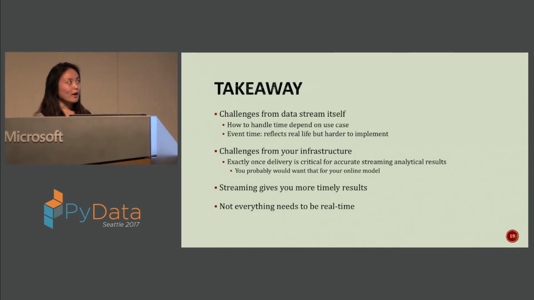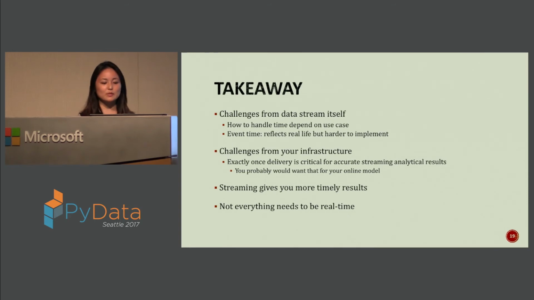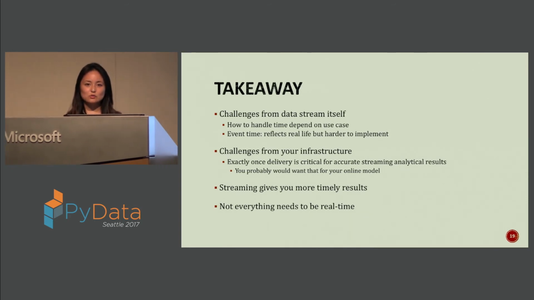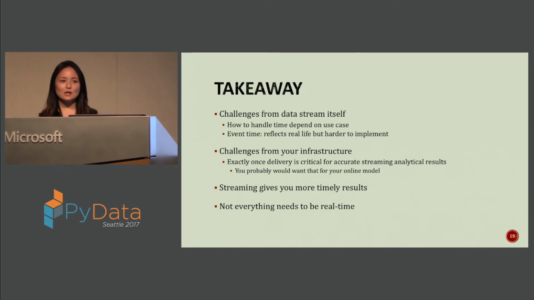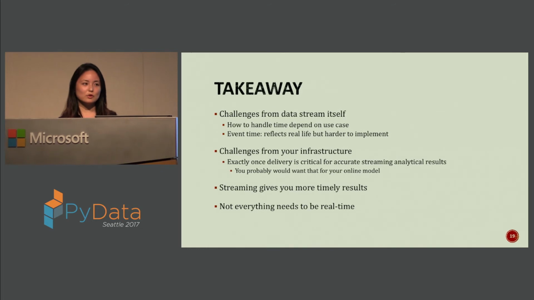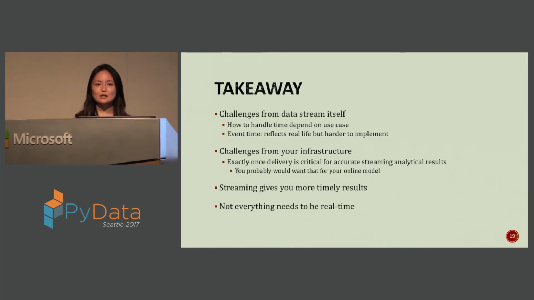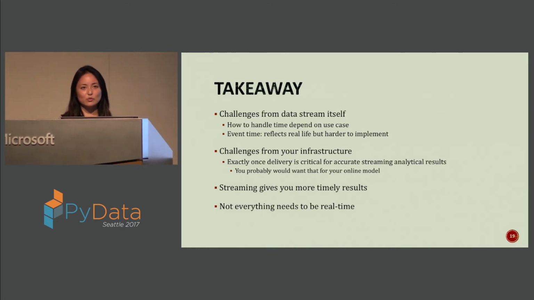A couple of takeaways for why it is challenging to have a streaming pipeline. First, the challenges come from the data stream itself, and how you want to handle time usually depends a lot on your use case. So when you work in a team of both data engineers and data scientists, it's nice to communicate and think about what actually matters to you.